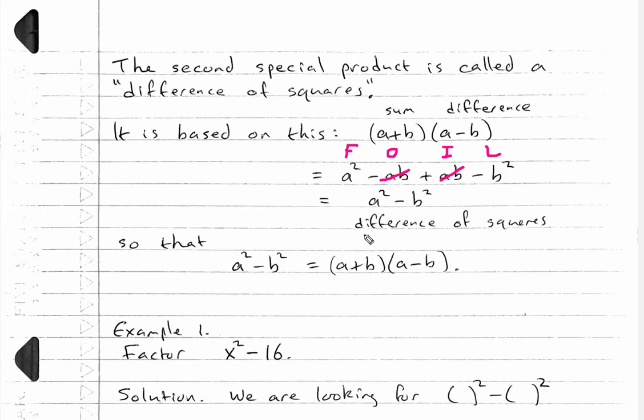So turning this around, if you're starting with something like this, then it factors right away. It's something squared minus something else squared. It's the sum of the two things times the difference. Those are the factors.